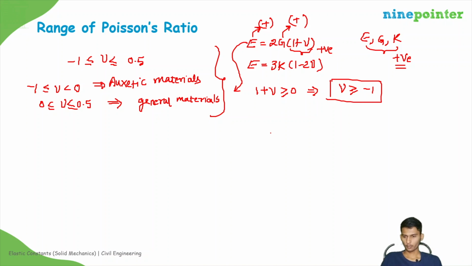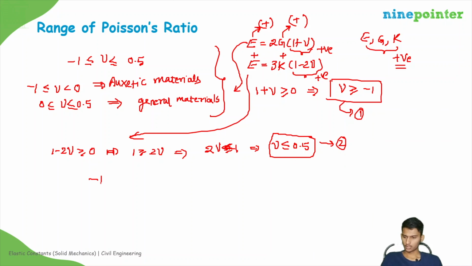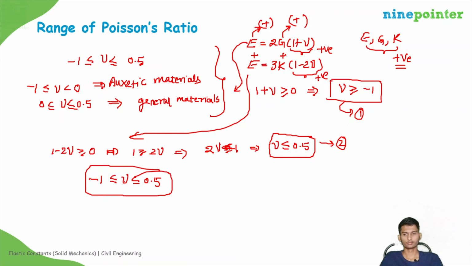Now from this one we already know that E is positive, K is positive, so this should also be positive. So 1 minus 2 nu should be greater than or equals to 0. Then 1 should be greater than or equals to 2 nu. That gives 2 nu less than or equals to 1. Nu less than or equals to 0.5. So combining these two, we get minus 1 less than or equals to nu less than or equals to 0.5. Okay. So this is about the range of Poisson's ratio.